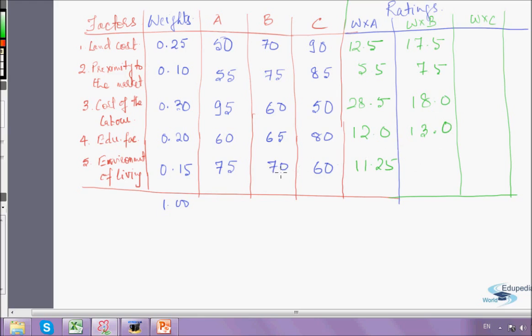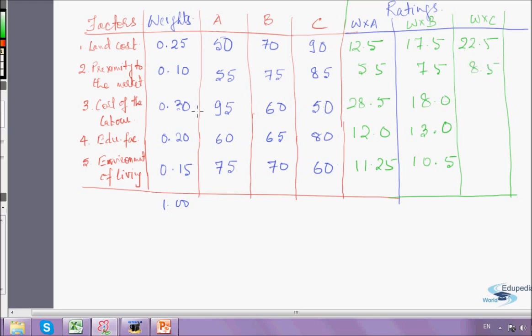Next is 70 multiplied by 0.15, and that's 10.5. Okay, and lastly we have the third one, where it is 90 multiplied by 0.25, which is 22.5. In the second case, it is 85 multiplied by 0.1, which is 8.5.